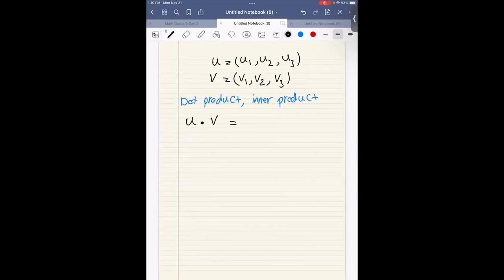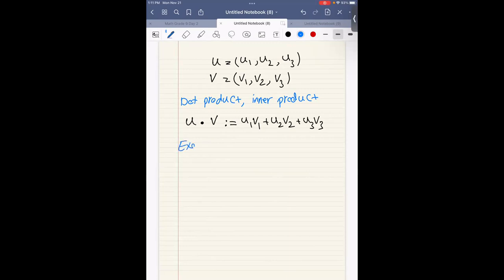The dot product of two vectors is a number and is defined by u1 times v1 plus u2 times v2 plus u3 times v3. You just multiply the components and then add them. Is this definition clear?